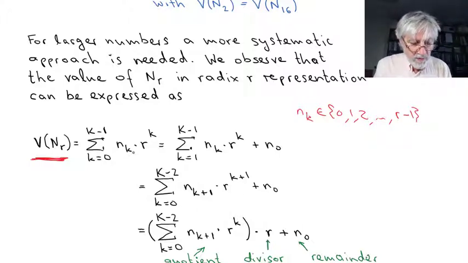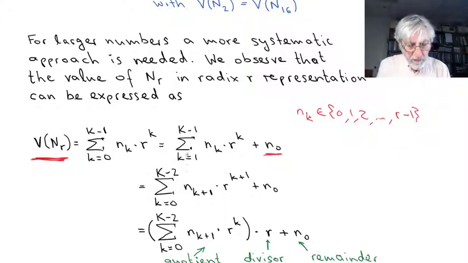And we can rewrite that as being the sum from k equal to 1 up to capital K minus 1 of n sub k times r to the k. So we basically take the first member of the summation and pull it out of the summation. So that's the n0 here. So it's n0 times r to the 0. So that's just simply n0.